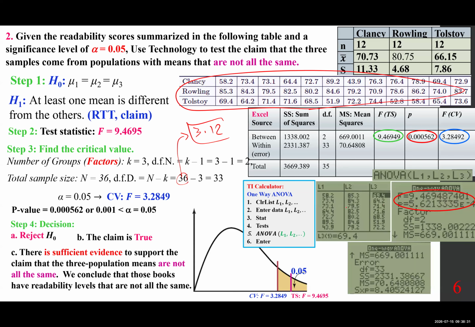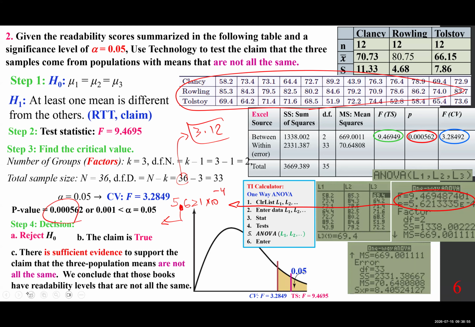This is important. This is 5.521 times 10 to the power of E minus 4. That means this, which means this is the decimal. You have to move it. And that's why it's close to what we have here. So it's important to understand the meaning of E.